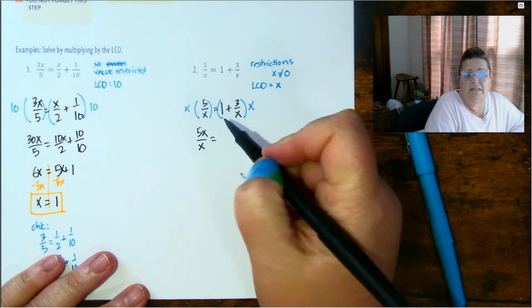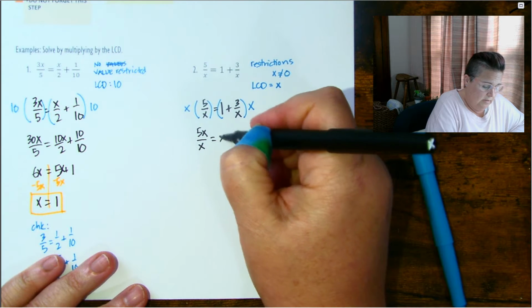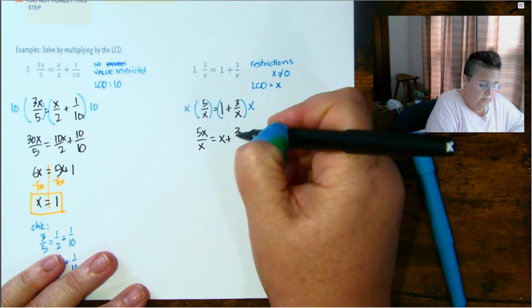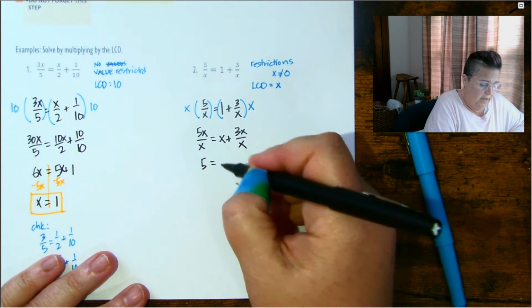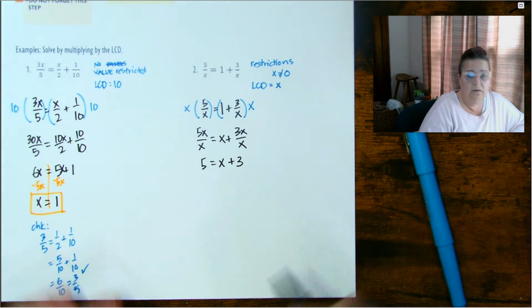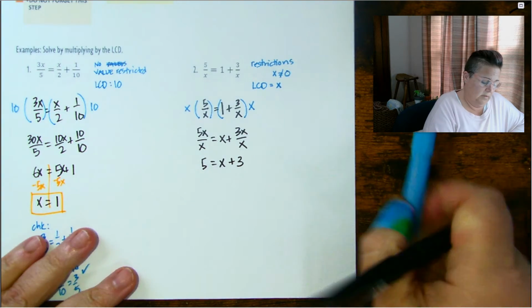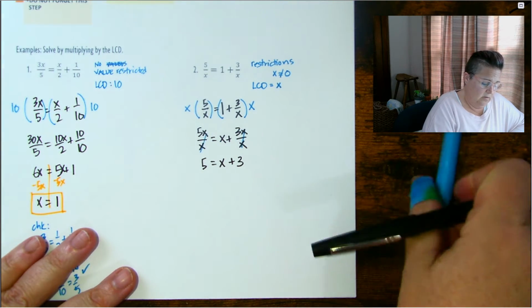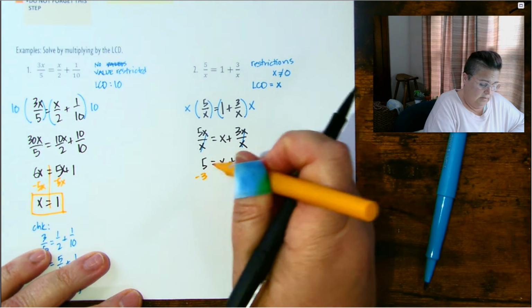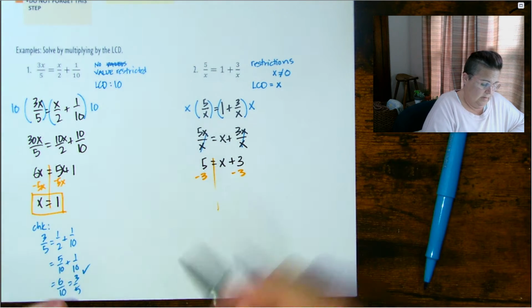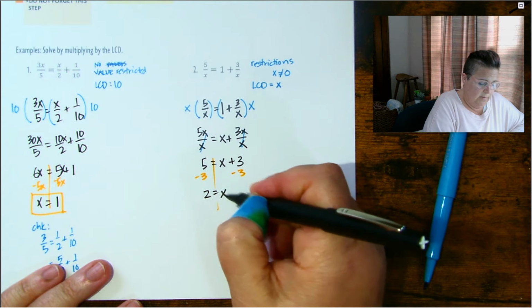On the right side, I have x plus 3x over x. Simplifying, 5 is equal to x plus 3, because the x's cancel here and here. I'm going to minus 3 from both sides. And we'll have 2 is equal to x.